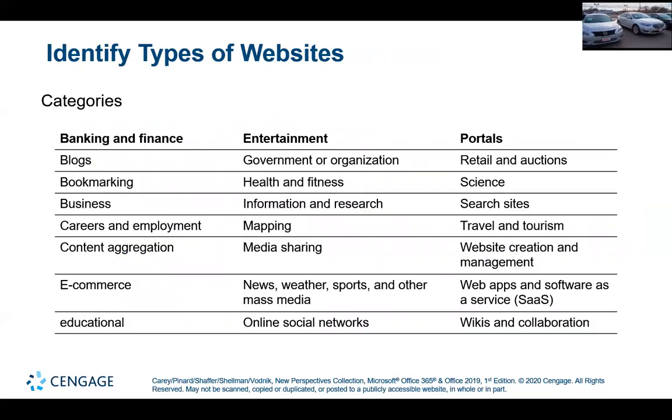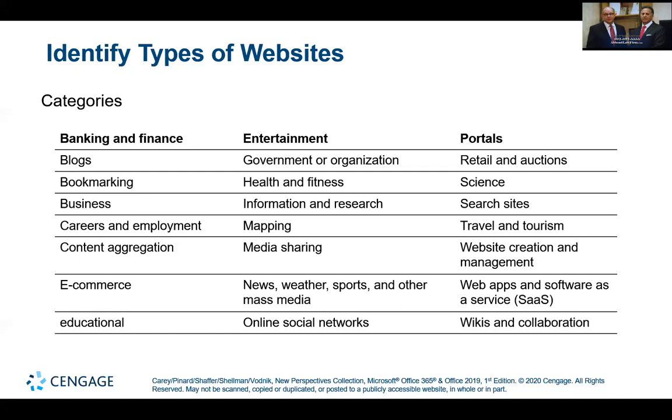Here they've broken sites down into categories. You have banking and finance, you have entertainment, and then you have portals. As you can see, there's a listing of different types of sites that break out from there. Underneath the portals, though, I want to call your attention to web app and software as a service. That's SaaS. These are applications like, let's say that you use Photoshop.